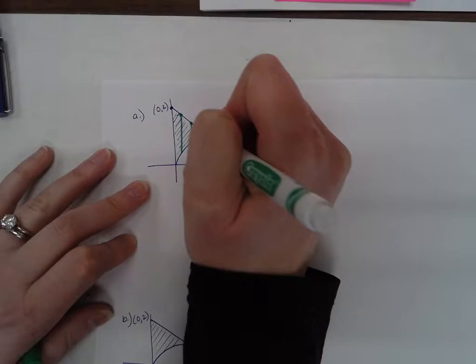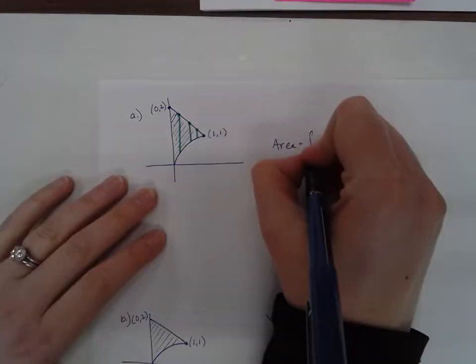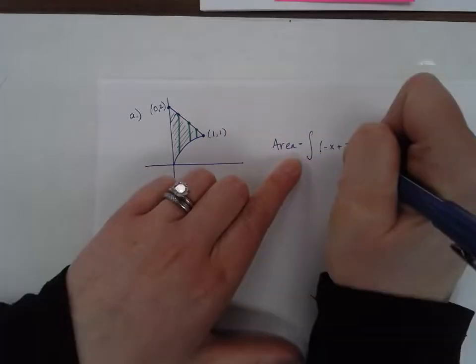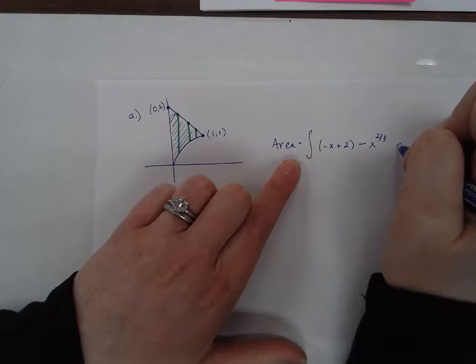So that means that I can integrate using top minus bottom. So for the area, I want to integrate the top minus bottom. Well, the top is the line, which is negative x plus 2, minus the bottom equation, the curve, x to the 2/3 dx.